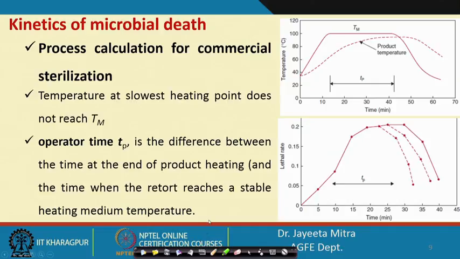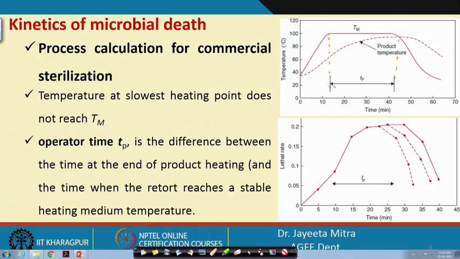So, the operator time Tp is basically the difference between the time at the end of product heating, that is, we have stopped heating up to this point and then we have started holding, and from here to when the retort reaches a stable heating medium temperature, that means when the product core, that is the slowest heating point, has reached the stable temperature, let us say as this section.